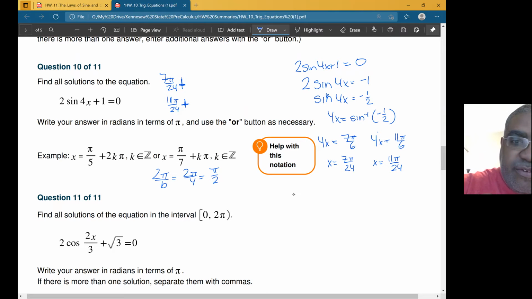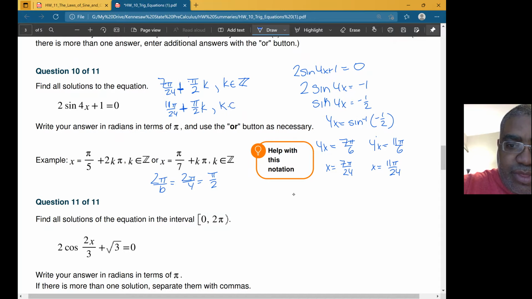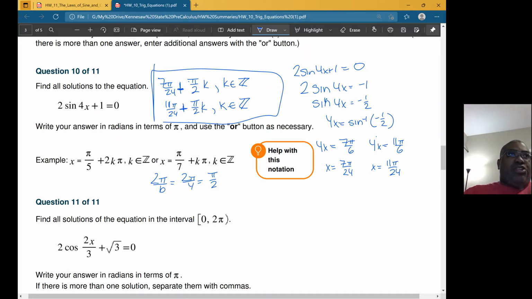So that becomes 7 pi over 24 plus pi over 2 k, where k is in the family of integers, and the same for 11 pi over 24 plus pi over 2 k, where k is an integer. That's your answer. It changes because the period changes. I also could have said pi k over 2, but to me that makes a little more sense the way I wrote it. Either should be accepted. If it doesn't, let me know.